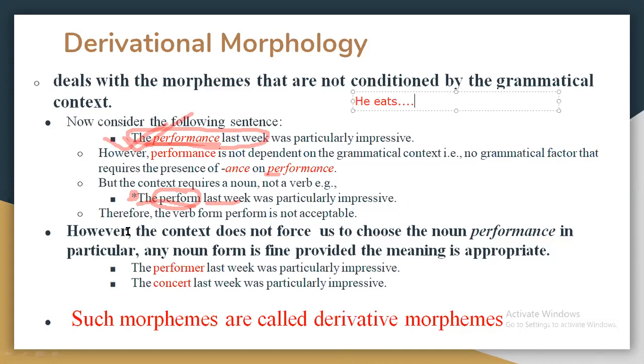Look at here. Here the occurrence of the word performance is done by grammar. It's not the need of grammar, it is the need of meaning. Whatever we say, it's a place of noun. Get my point? For example, look at the performer. You can see this is agent here. Agent, subject, concert, noun, right?